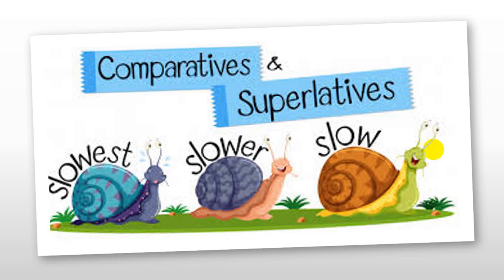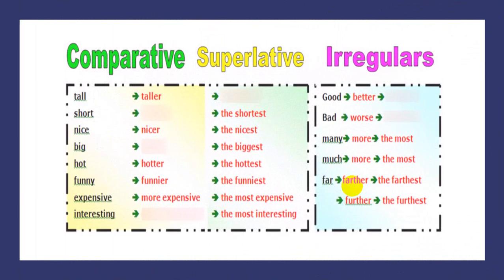We form it by adding the before it, then est at the end of it. Also, we have long adjectives and short adjectives. How can we form comparative and superlative?